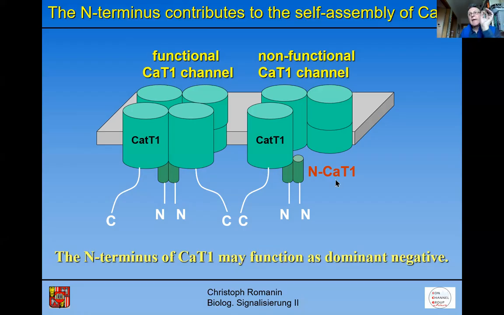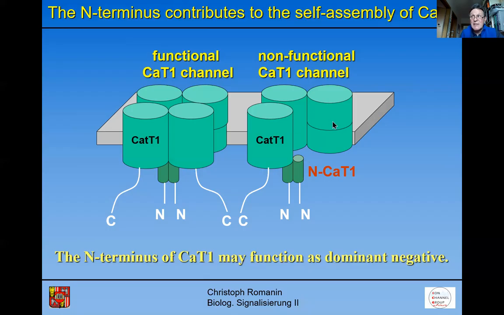Because I can express in cells only the amino terminus of cut1 that includes these ankyrin-like repeats. And of course, the amino terminus containing the ankyrin-like repeats will bind to the other amino terminus of a functional, or let me say, of a proposed assembly of cut1 channels.